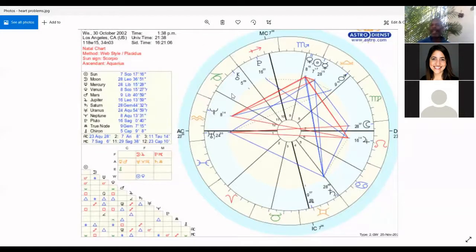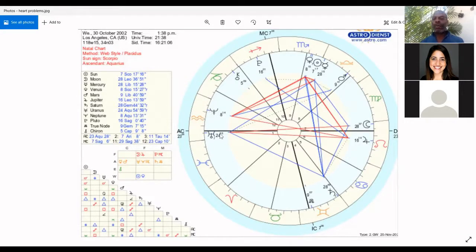Okay, this chart said he had heart problems. So we look at a natal chart in the same way that we look at a horary chart, especially when we've got something specific like this. This person wrote in and said, hey, I've got heart problems. Can you see that in the chart?